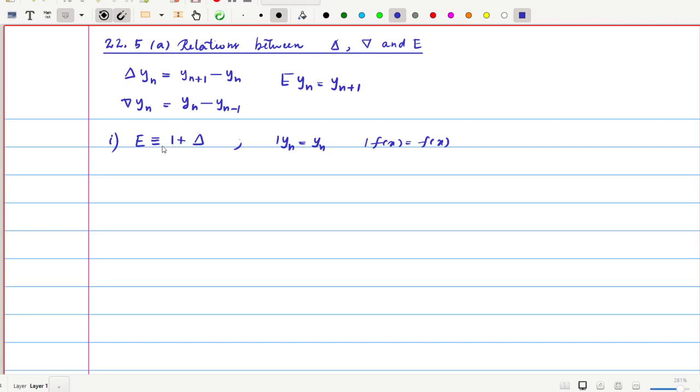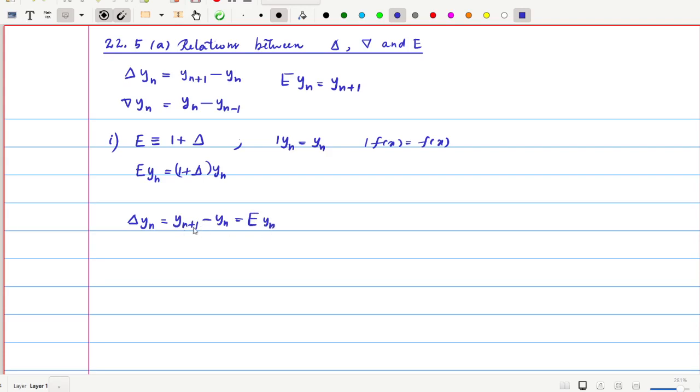So E is equal to 1 plus delta means in order to prove this we need to prove that E of yn is equal to 1 plus delta of yn. This is what we have to prove. So we start with delta yn. By definition, delta yn is equal to yn plus 1 minus yn.